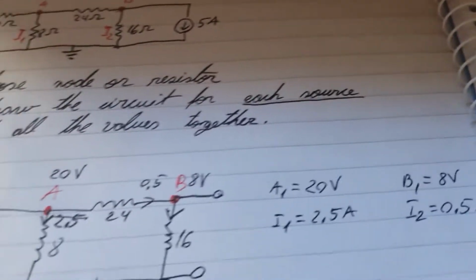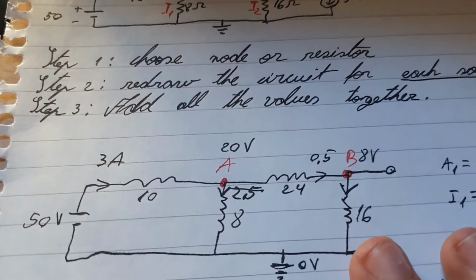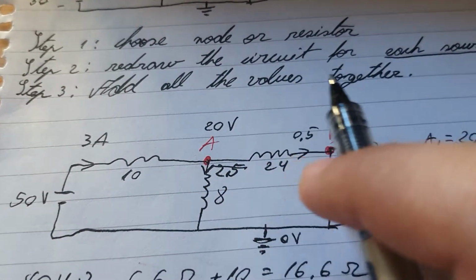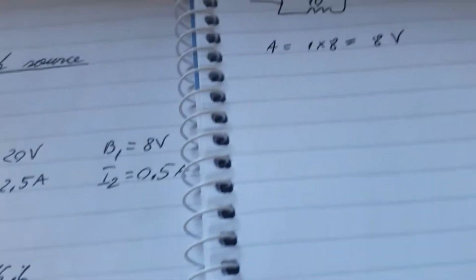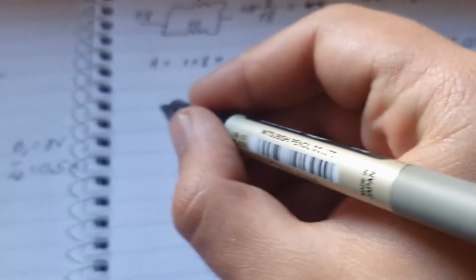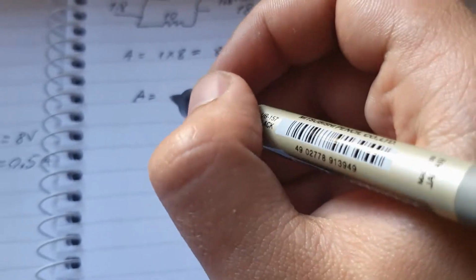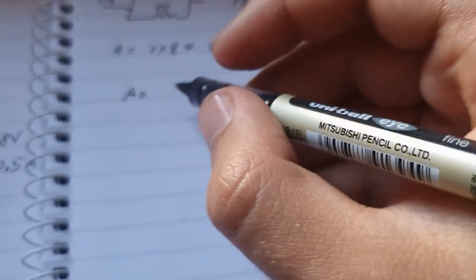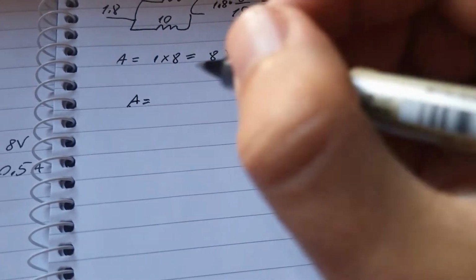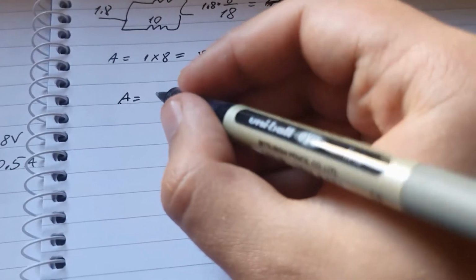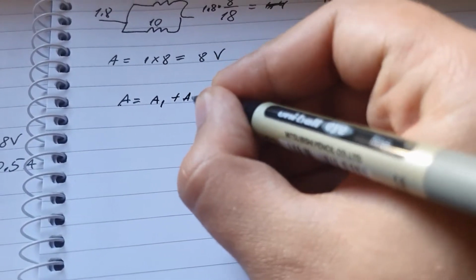Okay, now we'll be on our last step, and the last step is to add all the values together. So A will be equal to A1 plus A2.